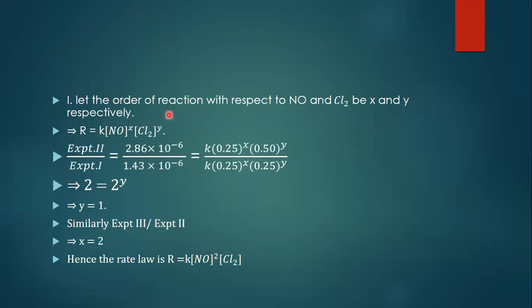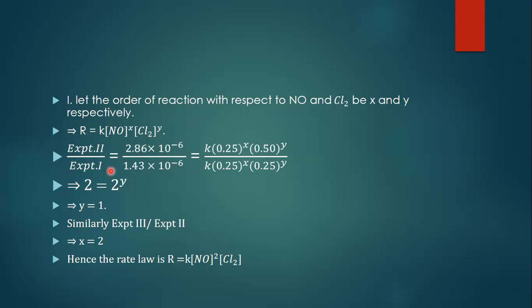So we are representing the order for the various reactants as x and y. So this will imply that our general rate equation is R equals k[A]^x[B]^y. So here our A is NO, and then our B is Cl2.